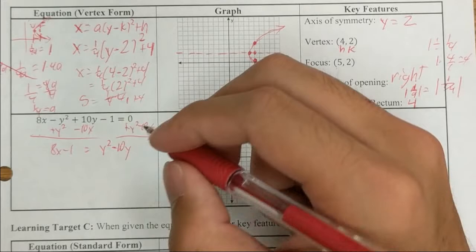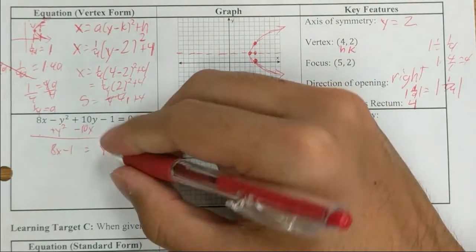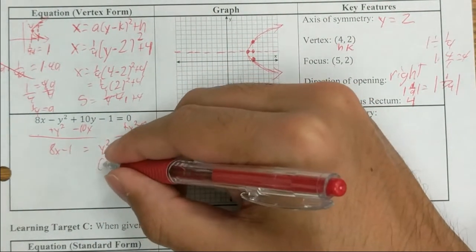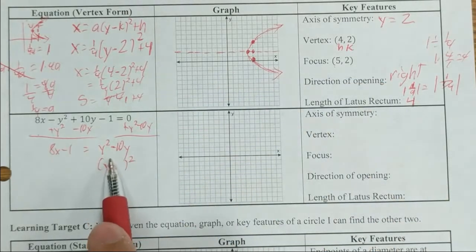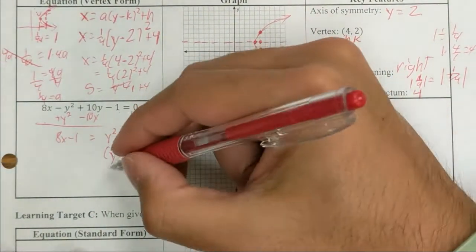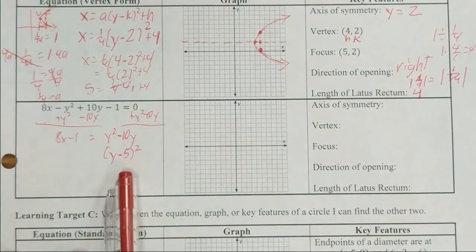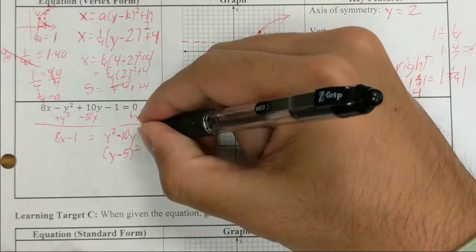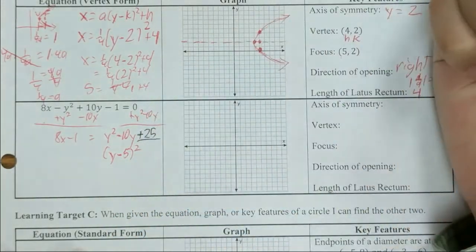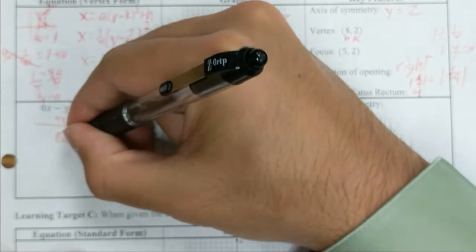To complete the square, my goal is to turn this into a perfect square binomial, and half of -10 is -5. In order to form this perfect square binomial, -5 squared means I must have added an extra plus 25. So I'll do that to the other side as well.